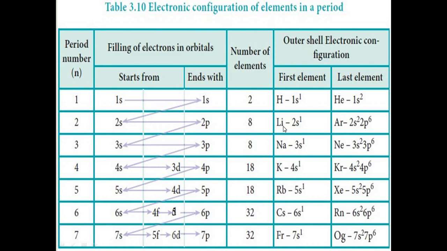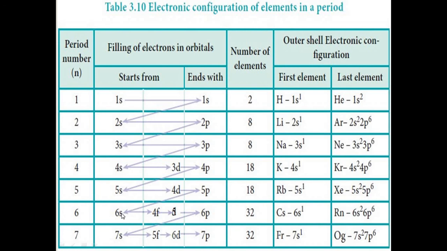So this is the configuration from lithium, Li 2s1, to neon 2s2 2p6. Okay, for the third period, that is 3s to 3p, again 8 electrons, 4s to 3d, 4p, 18 electrons, 5s to 4d and then 5p, that is 18 electrons.